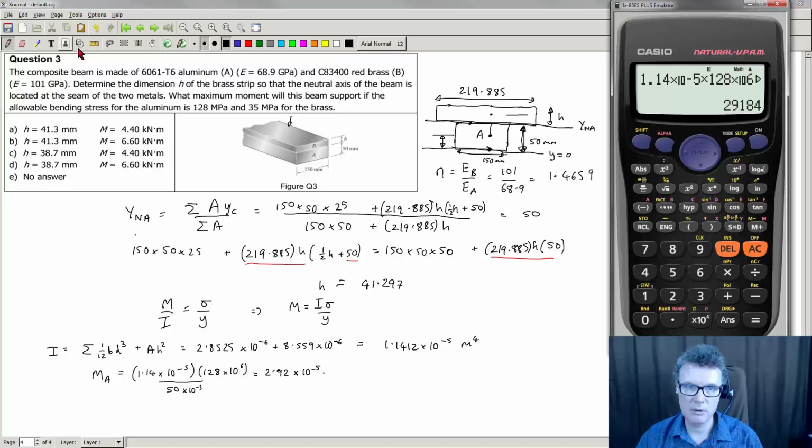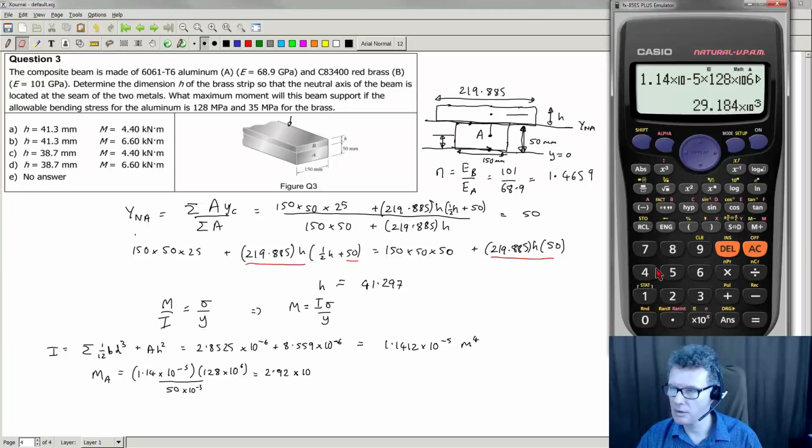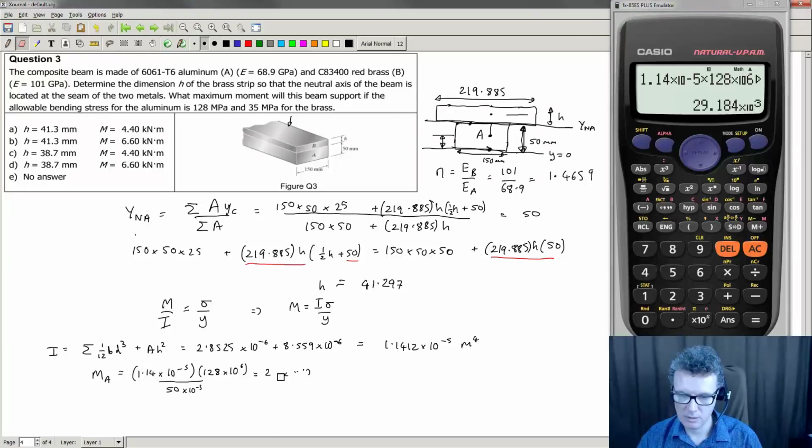Okay, so we've got 29, which kind of seems wrong. So you got 29 kilonewton meters.